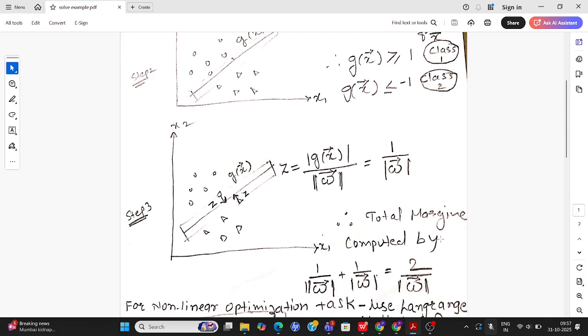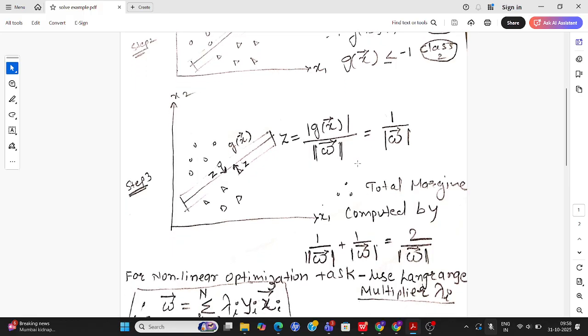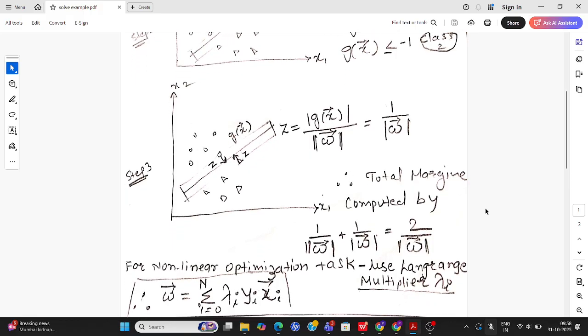Step 3, calculate or elaborate your line equation for the given margin. Means try to find the margin for the best fit line, so that the total margin is computed by this equation, g of x divided by w.